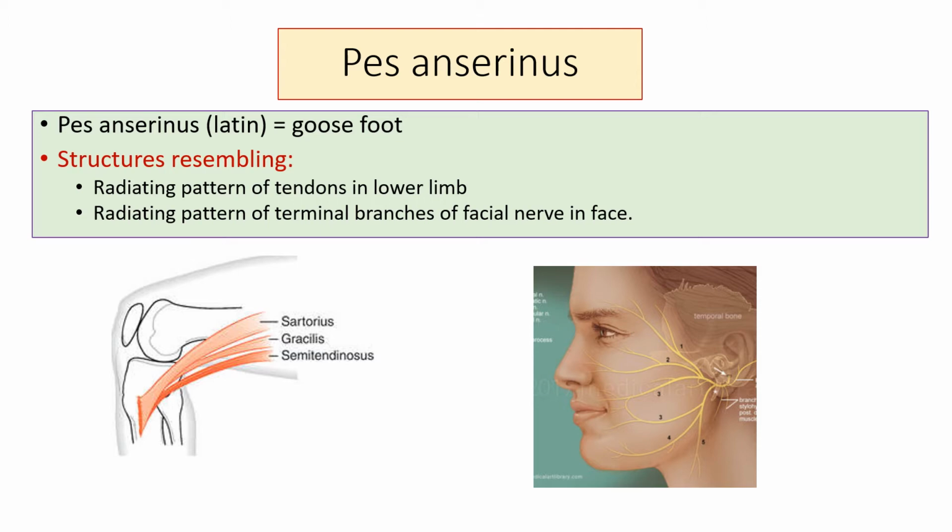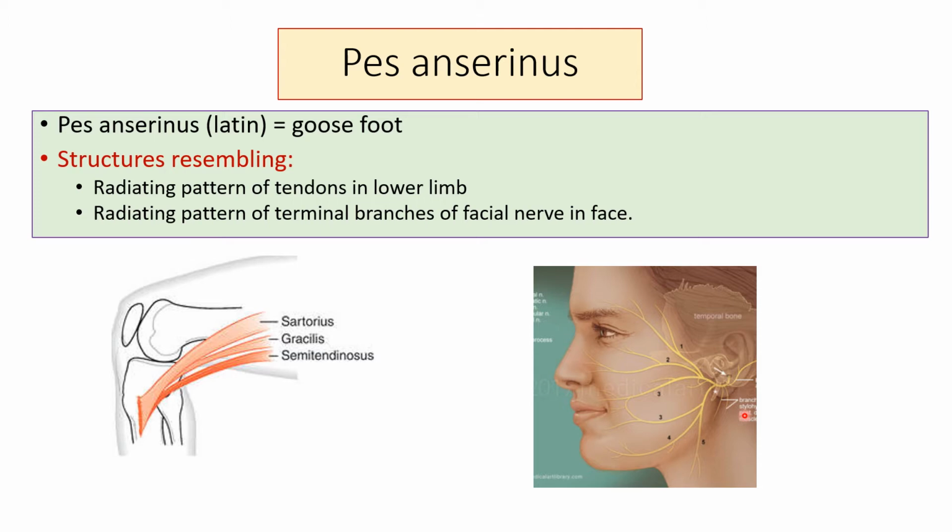So in this picture you are seeing the tendons of sartorius, gracilis and semitendinosus and their insertion in relation to the anteromedial surface of the tibia. And in this picture you are seeing the facial nerve course, that is the extracranial course, that is after it has come out of the stylomastoid foramen.